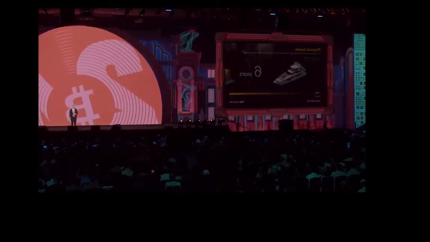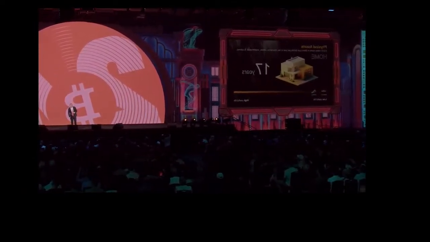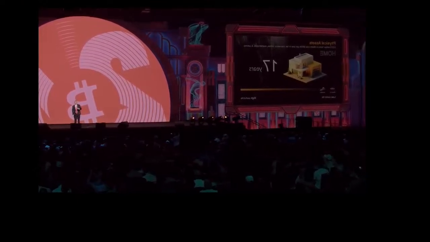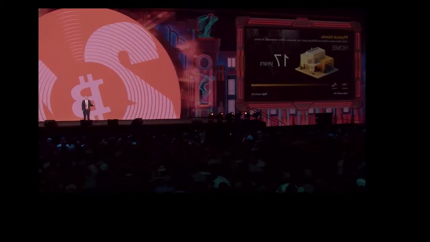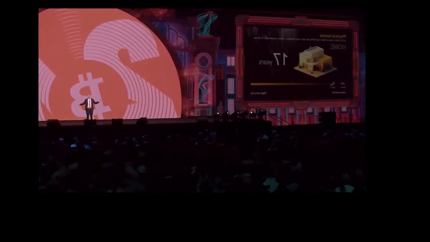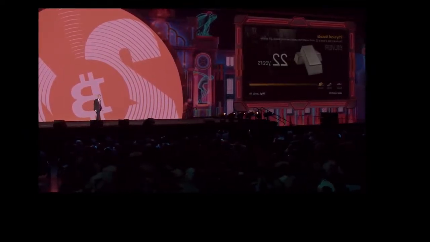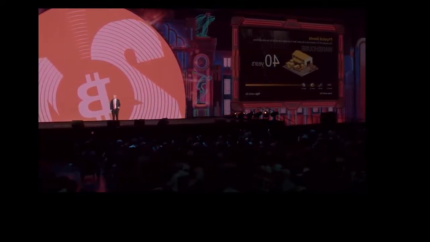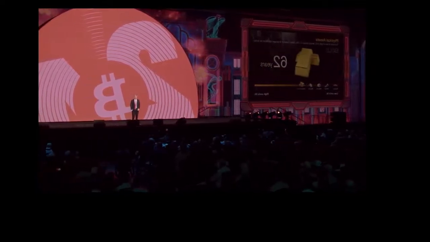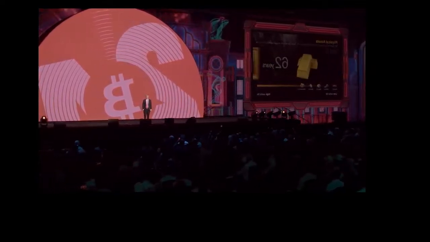Don't store your money in yachts. A home in Miami Beach, if you buy a $10 million house, you better come up with $10 million to maintain the house over 17 years. Now you've got no money left. Silver, 22 years. A warehouse, 40 years, maybe 50 years. Bar of gold, 62 years.